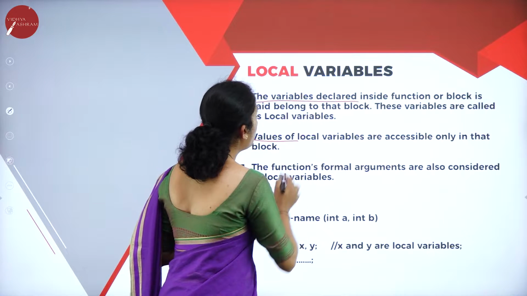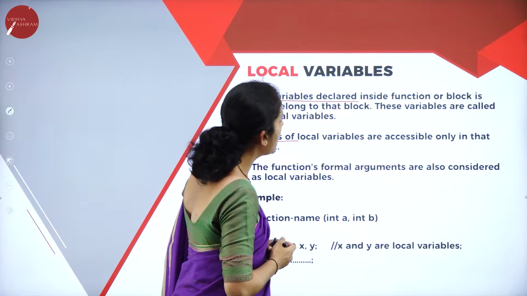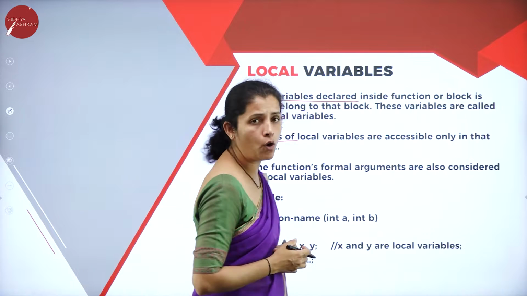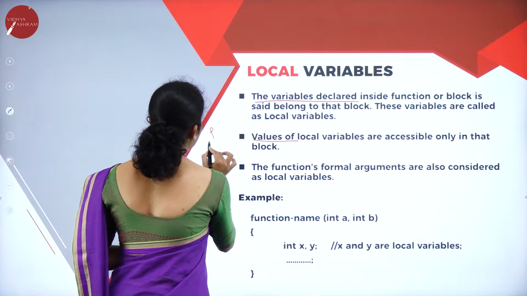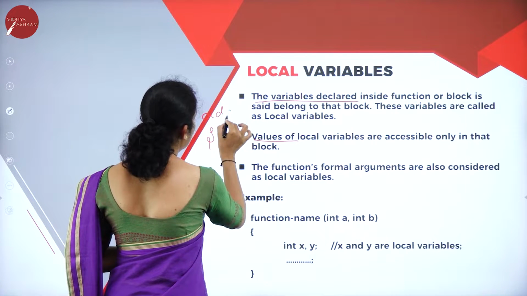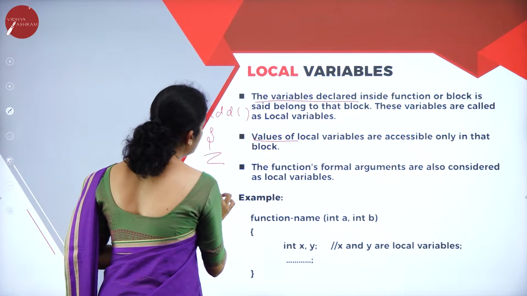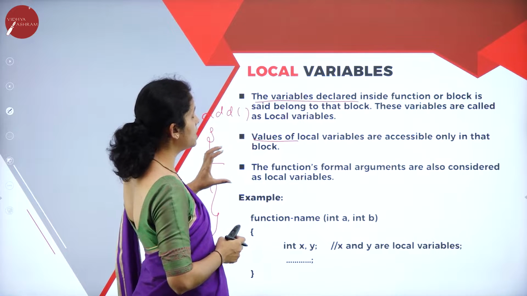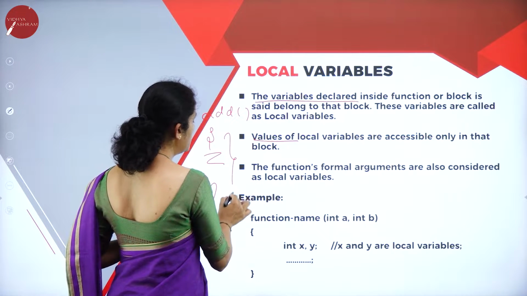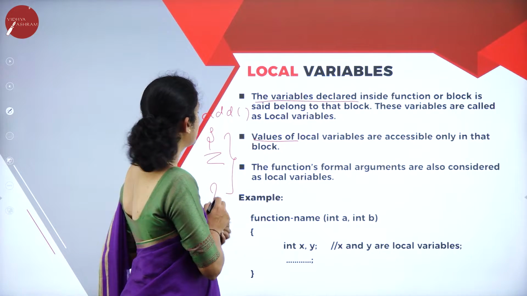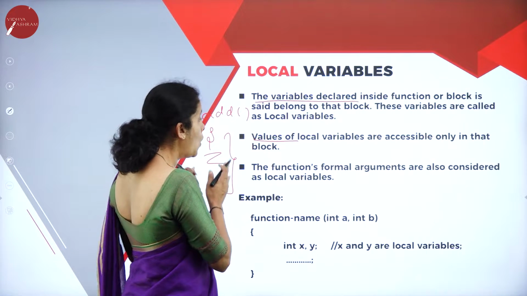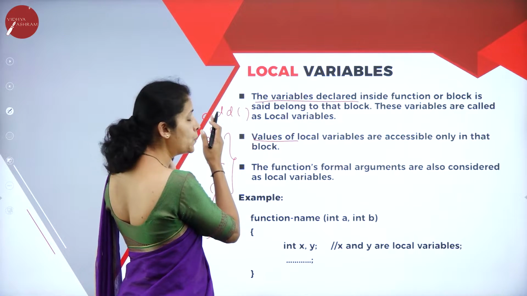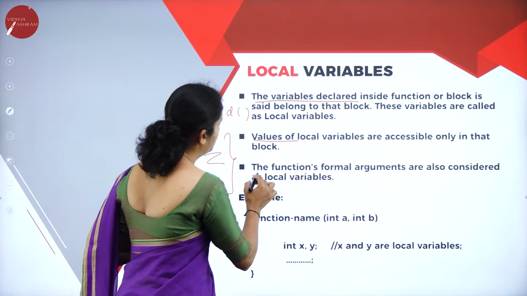So values of local variables are accessible only in the block. For example, think that I'm having an add function and here I'm having some local variables. Then what's the scope of these local variables? Within this block. That means I can access all the local variables within the block.